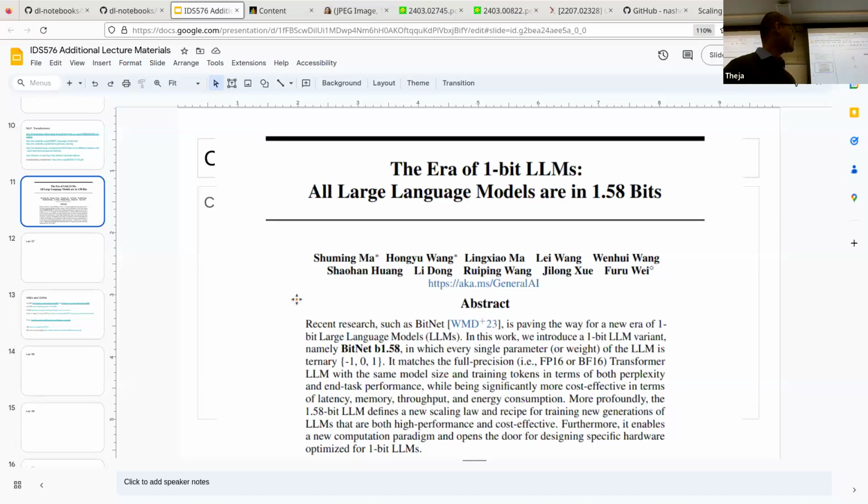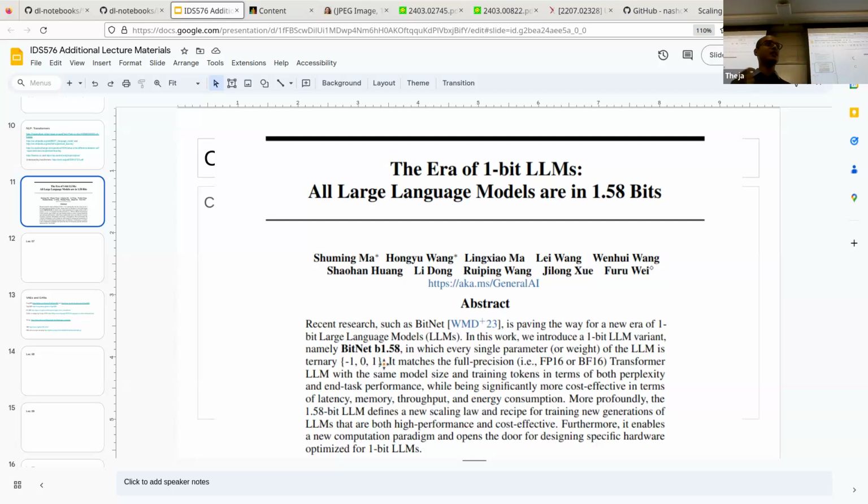And the paper, this work by folks from Microsoft, is just saying that they created a new model where every single parameter, the W or B or appropriate parameter, is ternary. So it's just taking a value 0, -1, or +1.